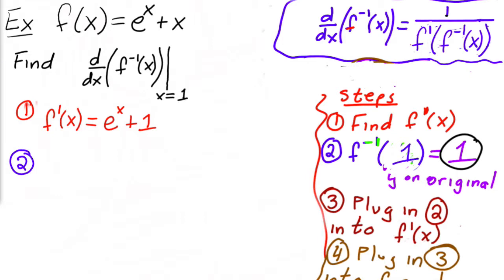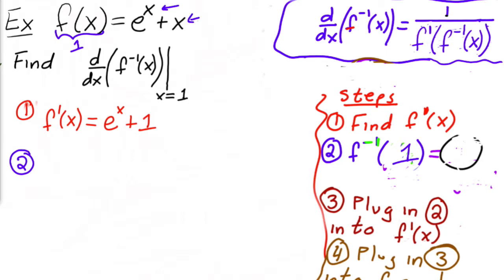Okay. So let me erase this guy. So what's f inverse of 1? Anyways, okay, so to find f inverse of 1, what that's saying, remember, is if this guy is equal to 1, what's the x value? Now remember I told you last time you were going to have to guess on some of these.